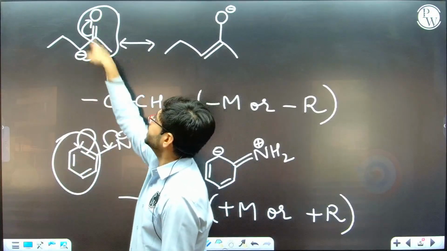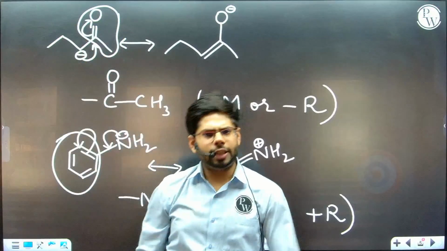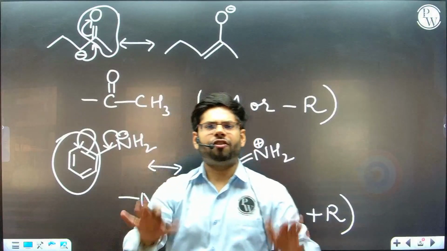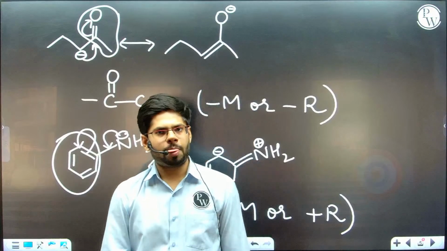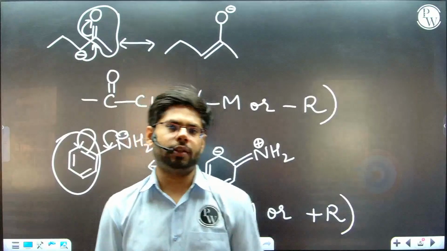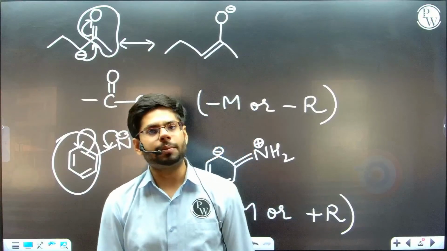Like here, this ketone group was accepting the electron pair which was coming from the negative charge. So during resonance, if a group pushes electrons away from it, it is showing plus M or plus R effect. Whereas if a group withdraws electrons or pulls electrons towards itself during resonance, it is showing a minus M effect, or we'll say that it's a minus M causing group.